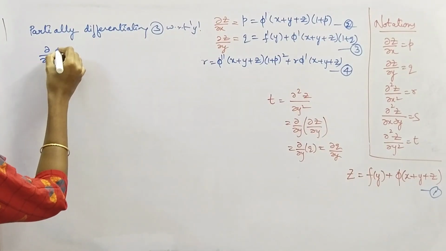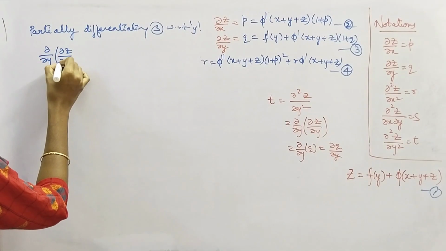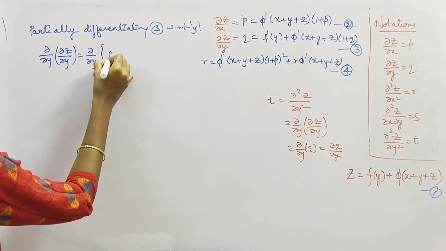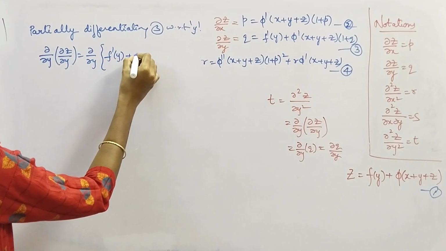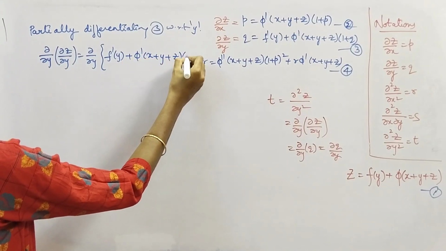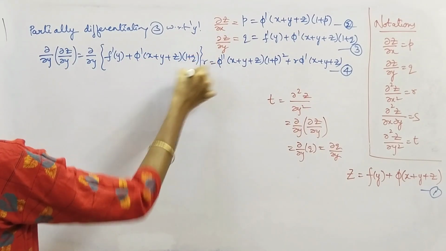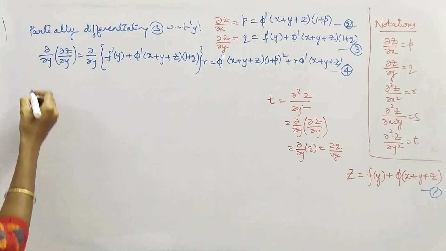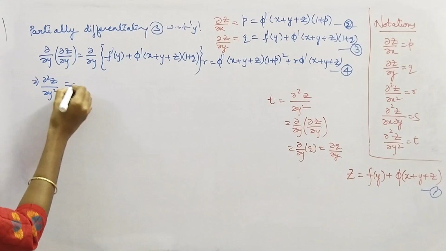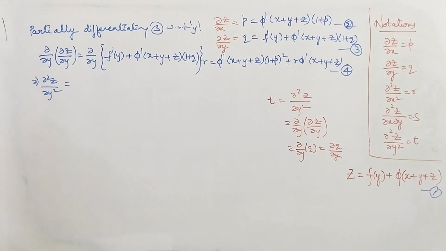∂/∂y of ∂z/∂y equals ∂/∂y of [f'(y) + φ'(x+y+z)(1+q)], right? This gives us ∂²z/∂y² equal to, here we are partially differentiating with respect to y, so we'll treat x as constant.